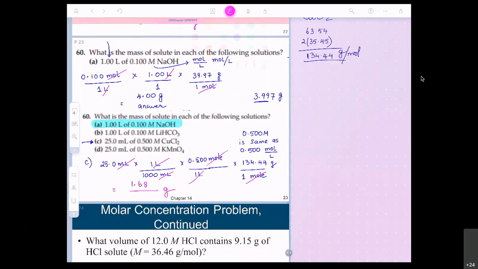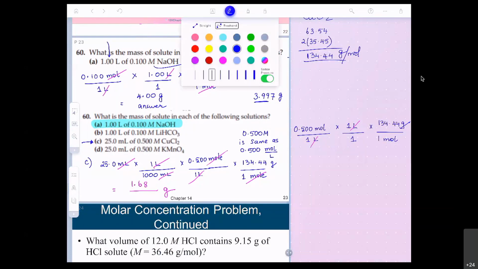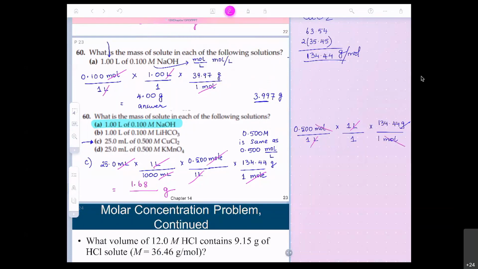I'll go ahead and show the setup for that on the other side here. Oh, 25 milliliters. I'm sorry.